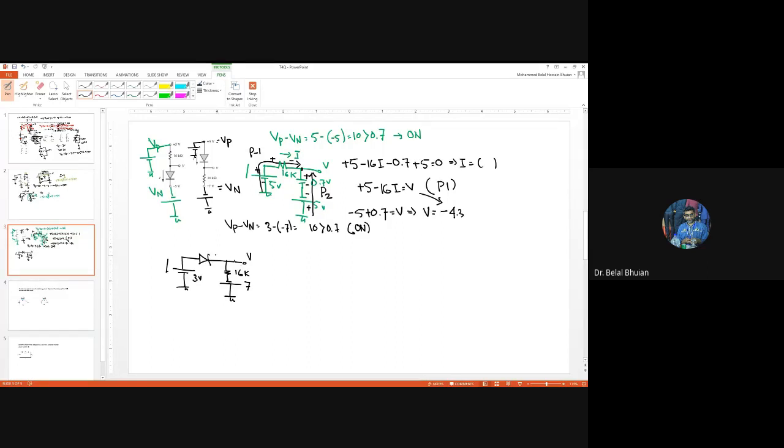And since we found the diode is forward biased, we can replace the diode with 0.7. And then in order to determine the current I, we can apply KVL. I'm not going to do this one. It's quite simple, exactly the same as before. Okay, I will leave it to you.